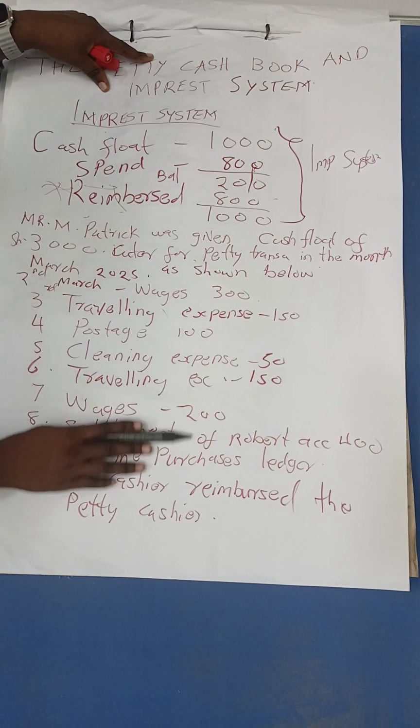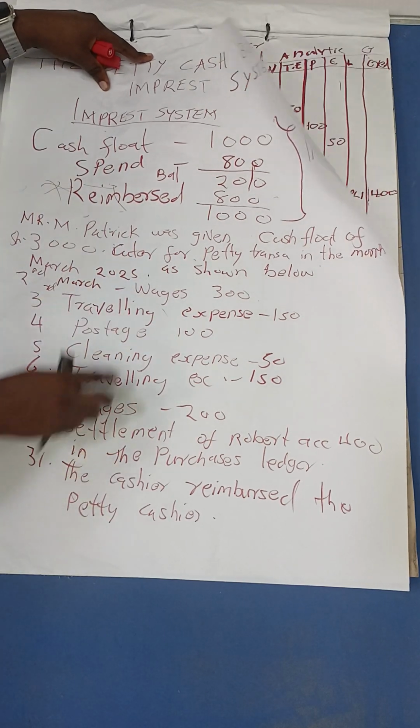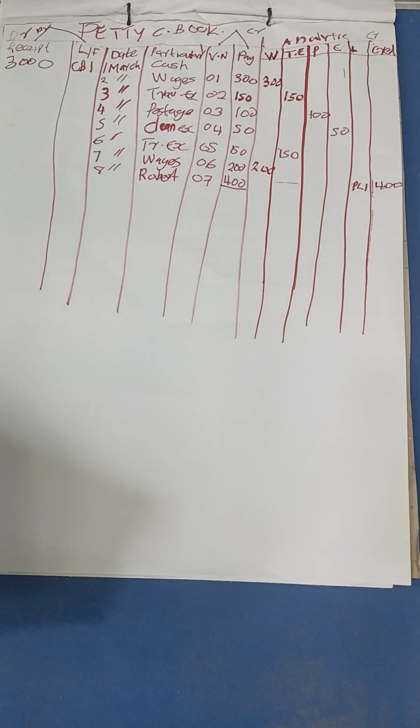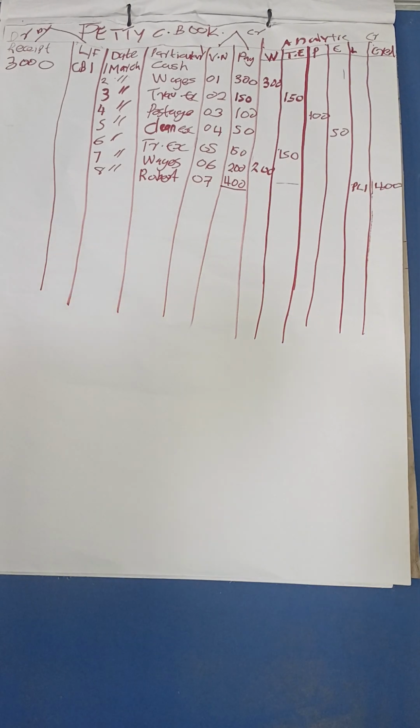After we are making the payments, we get the totals. Then we go for the reimbursement from the petty cashier. So let's take our calculators and get the total under payment. I will do 300 plus 150 plus 100 plus 50 plus 50 plus 150 plus 200 plus 400.